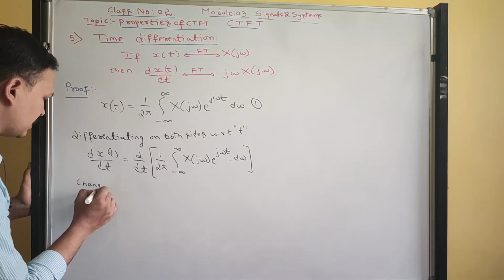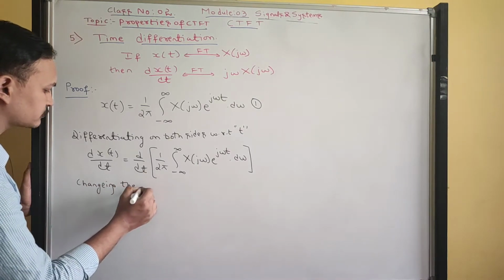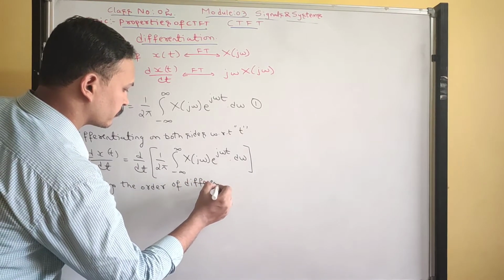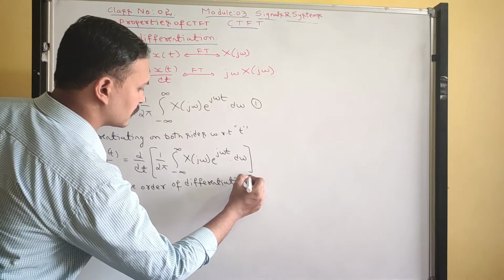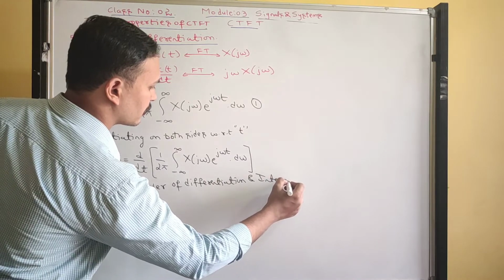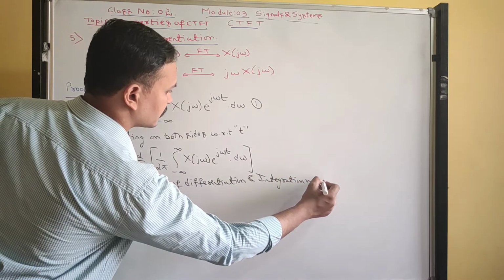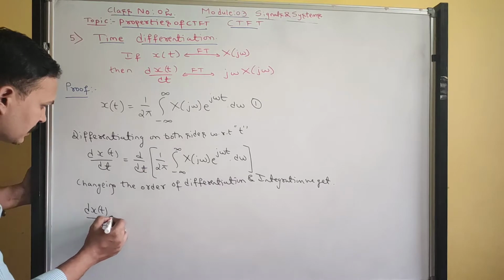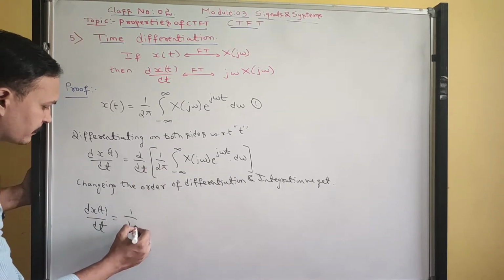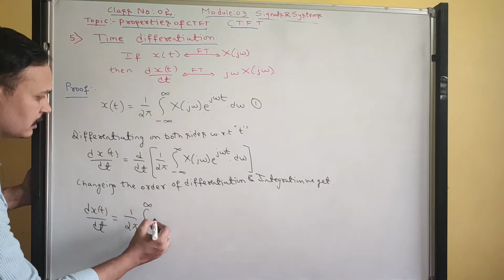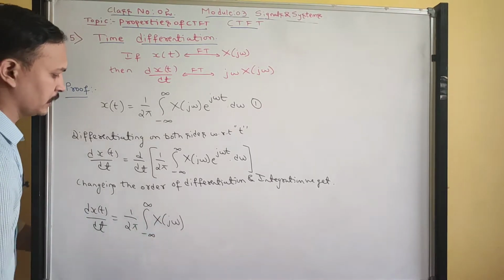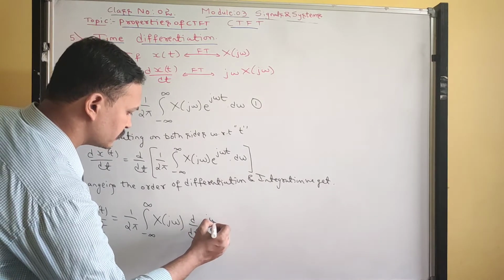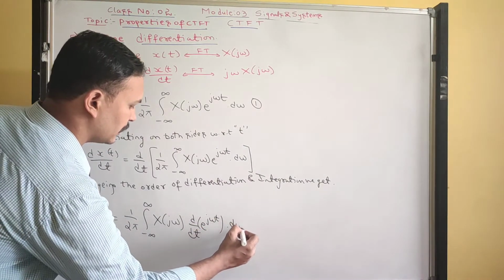Changing the order of differentiation and integration, we get dx of t by dt is equal to 1 by 2 pi integral minus infinity to infinity x of j omega into, now I am taking d by dt for this term, so d by dt of e to the power of j omega t into d omega.